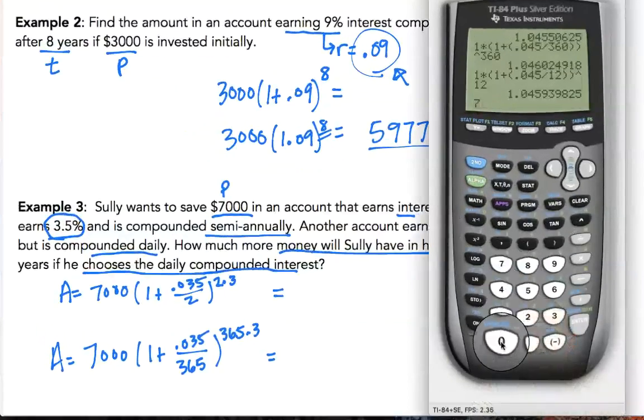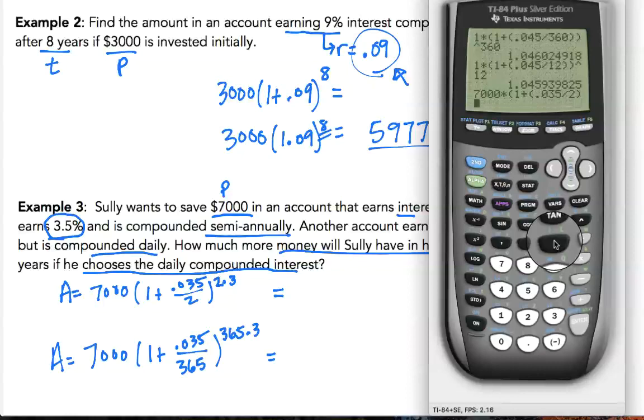In this case, we're going to enter in a new equation. We have 7,000 times 1 plus, and then we're going to open up a set of parentheses, and we'll do our interest rate, 0.035, divided by 2. We'll close that parentheses, close it again, and then raise it to the power.